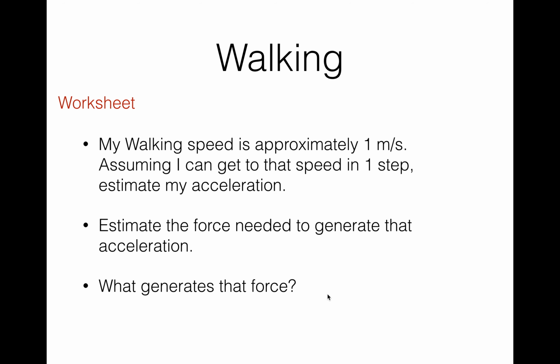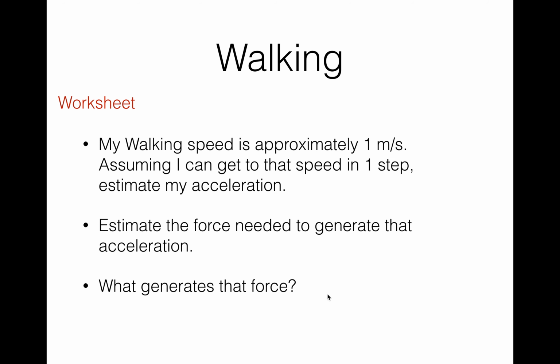Now, the piece of walking that I'm interested in is when I'm looking at my first step. So I'm just stepping off. So I start by standing there, and then when I take that first step, my speed increases from 0 to some walking speed. And I'm going to take that walking speed to be about 1 meter per second.